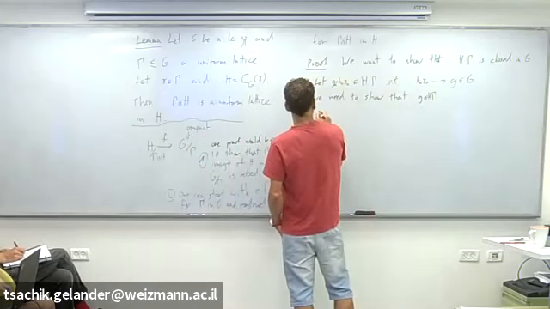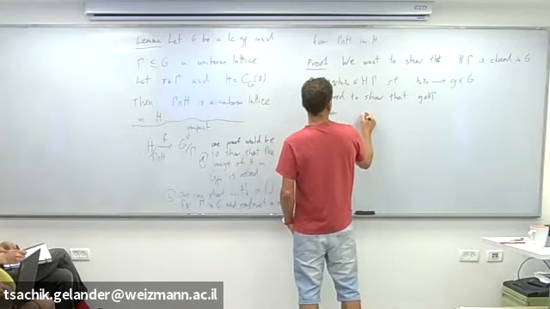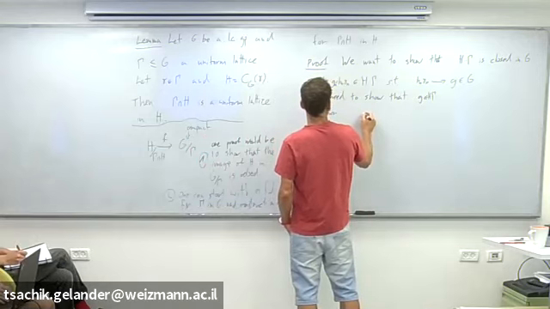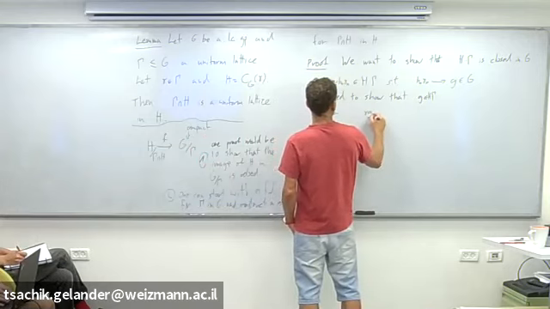So consider the conjugation of gamma by G_n.